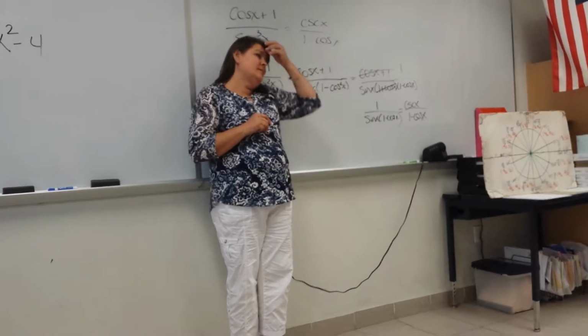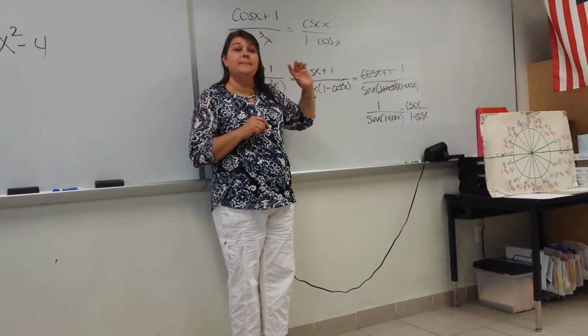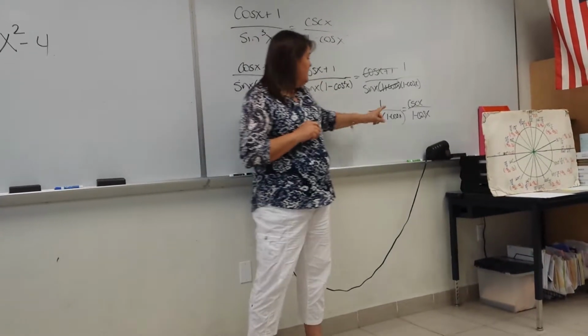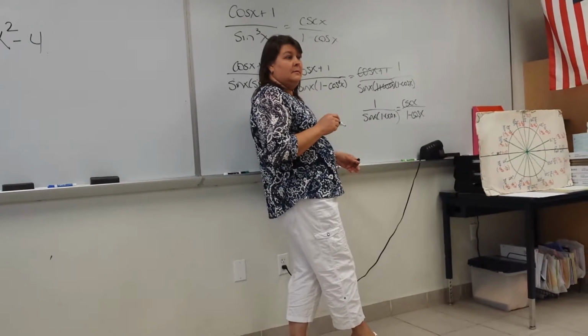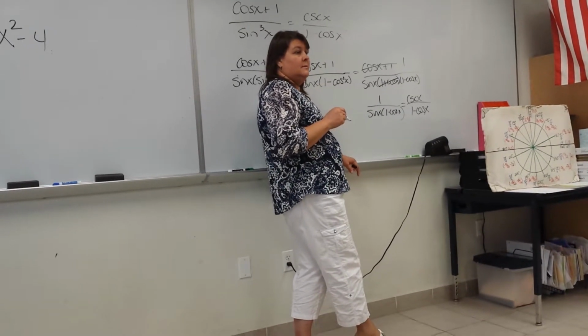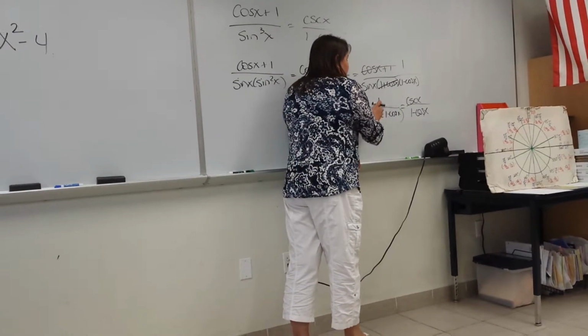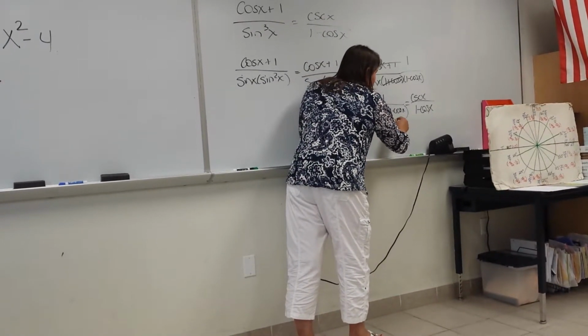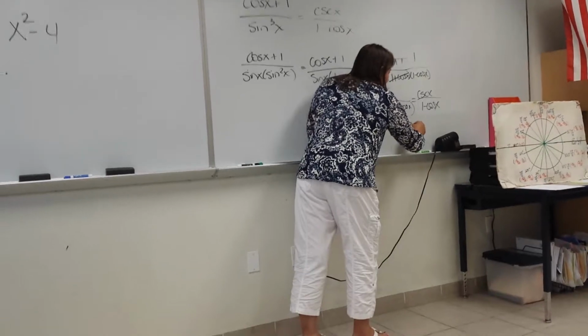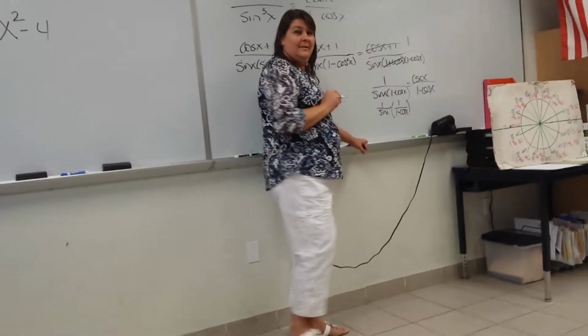I'm confused on how you got that. How did I flip it? You know how you inverse something when you flip it, like if it's negative, you turn it to positive when it flips over? What are you doing that to? The sine. Look at it like this: 1 over sine times 1 over 1 minus cosine. You see that now? You just split up the fraction.